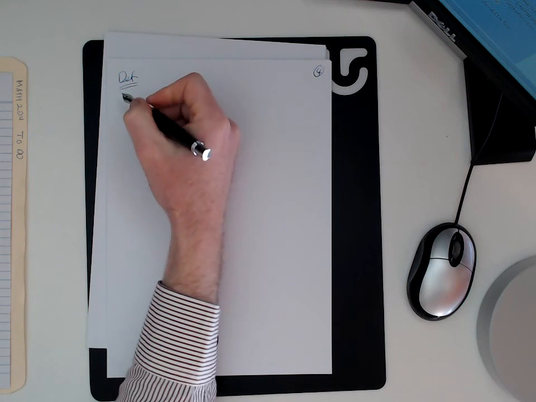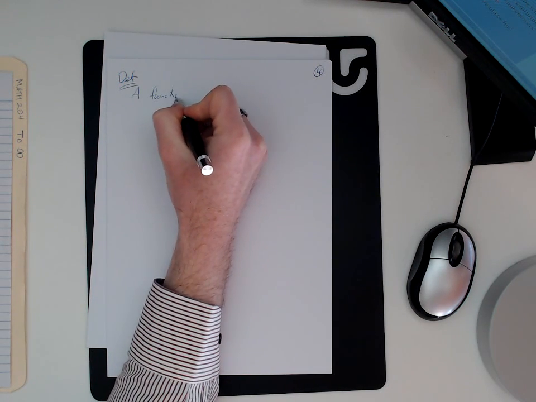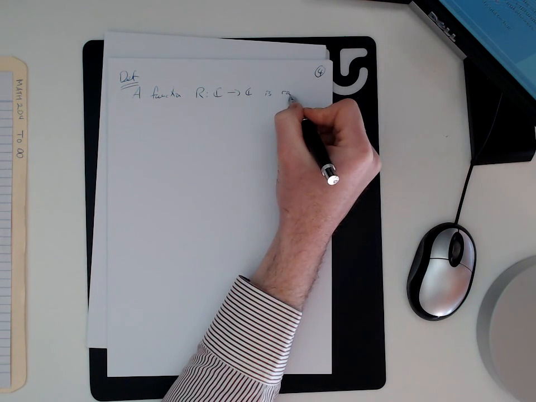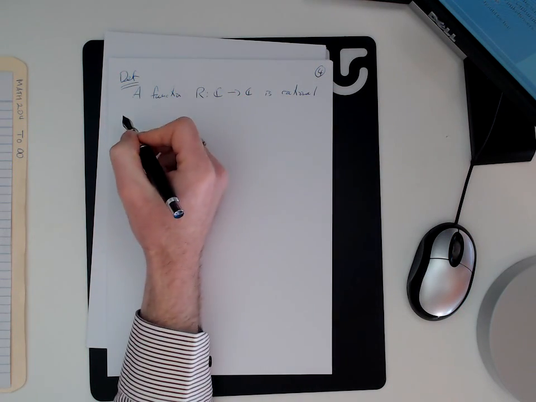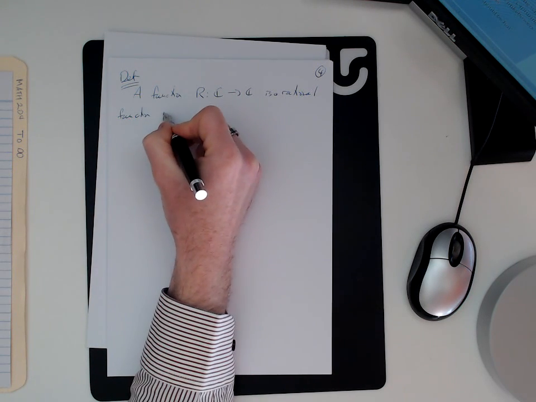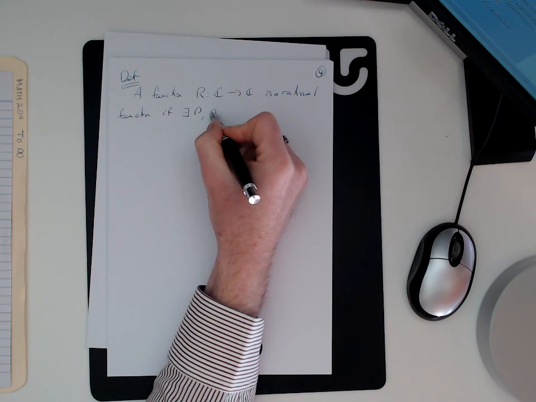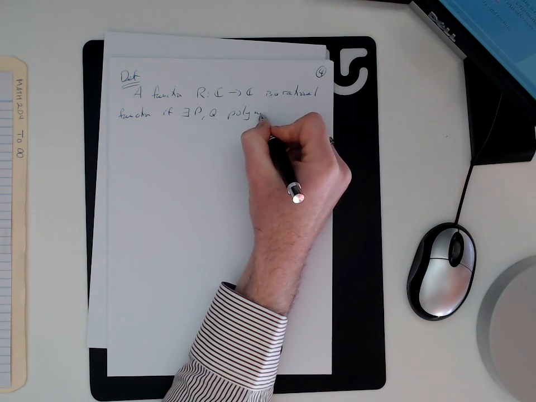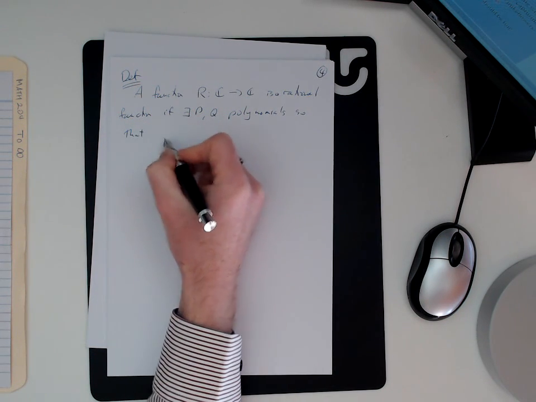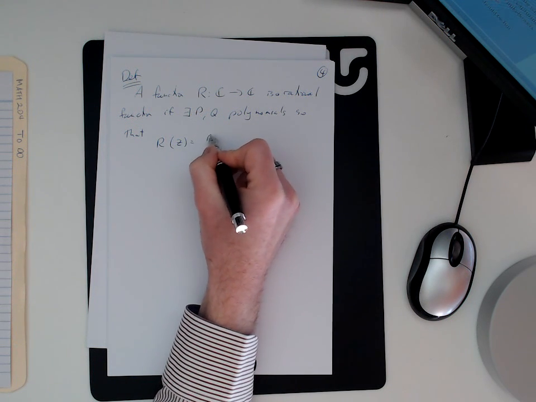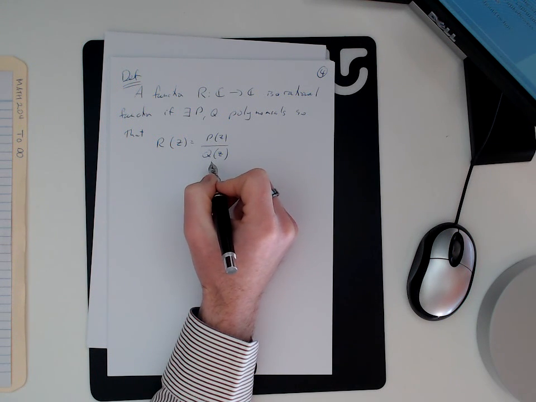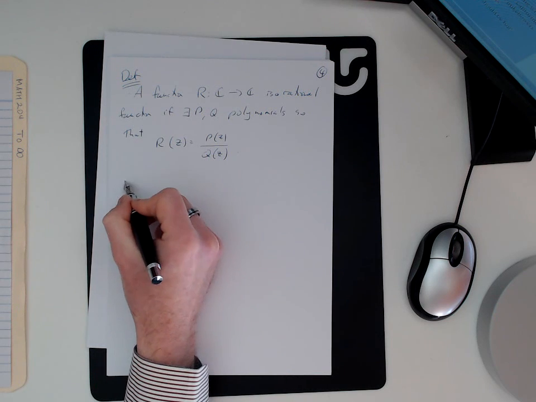Another definition. A function R from C to C is rational, it's a rational function, if there exist P, Q polynomials so that R of Z is equal to P of Z divided by Q of Z. There's one assumption we always make about this.